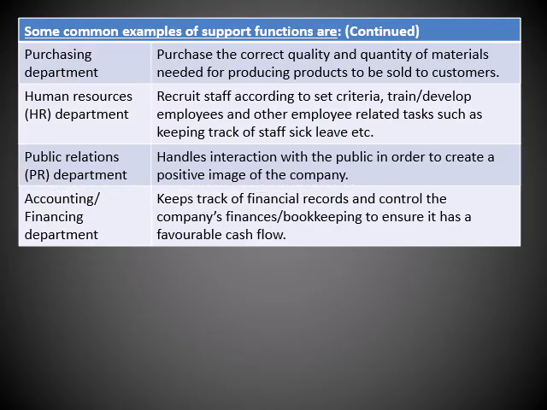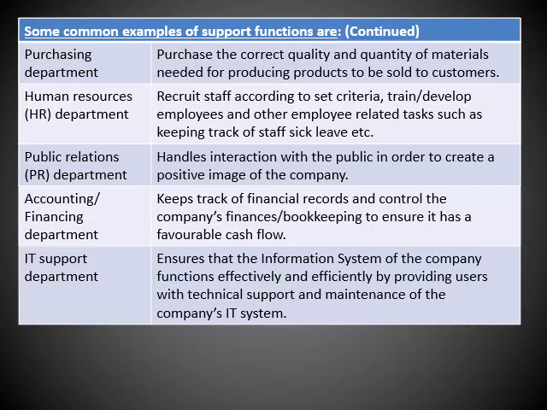The accounting or financing department, what do they do? They keep track of the financial records and control the company's finances. In other words, they do the bookkeeping or accounting to ensure that the company has a favorable cash flow. In other words, there's a positive cash flow, more money coming into the company than going out. And that will ensure that the company can continue to exist.